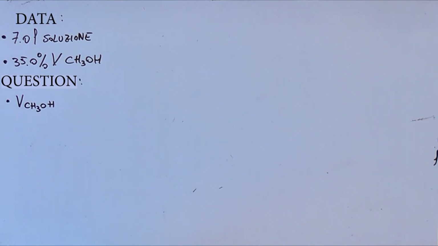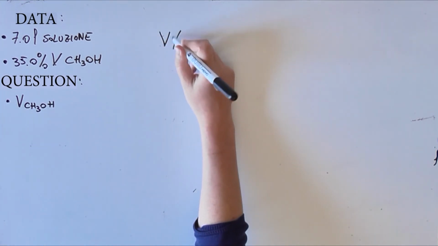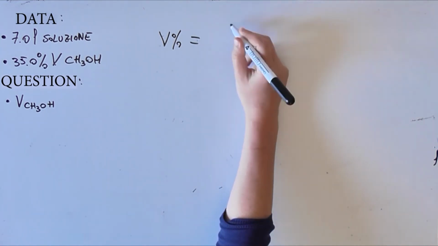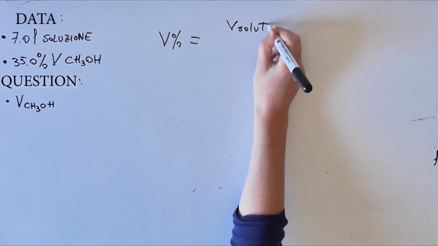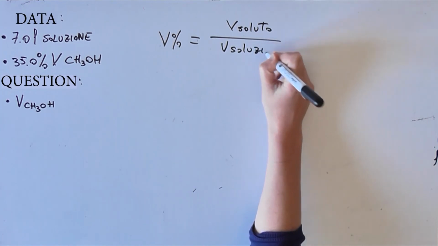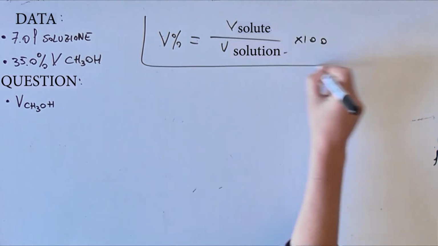As usual, we have to write the formula for the percentage by volume. It's similar to percentage by mass. What is changed is that this time we have to use volume instead of mass. So volume of solute divided by volume of solution times 100.